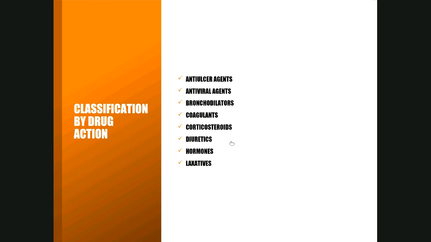A diuretic would be a medication that increases the amount of urine that's excreted by the kidneys. So this is like your Lasix. When they give patients Lasix, it helps increase the urine production so that they pee more frequently. Hormones affect the endocrine system, and those are typically used as far as hormone replacement therapy.